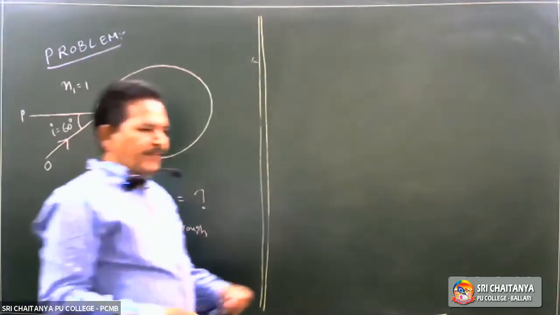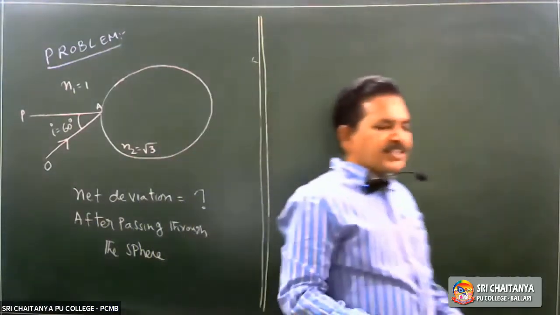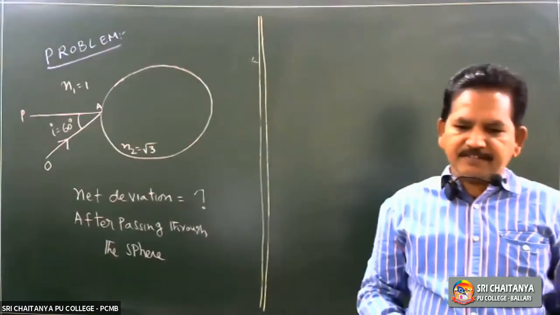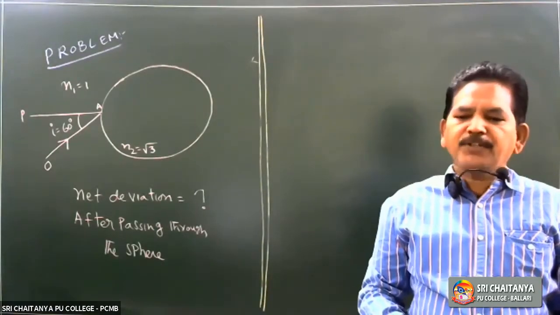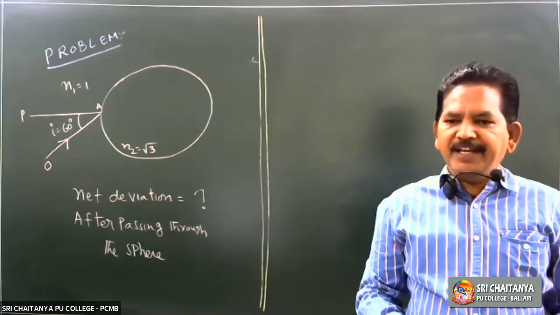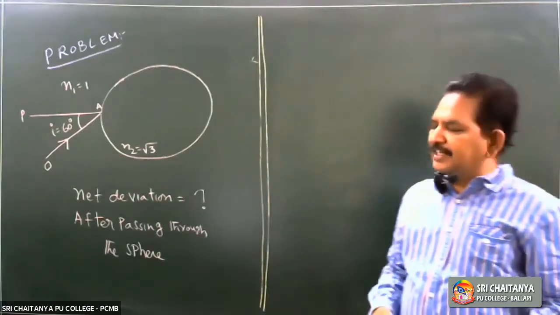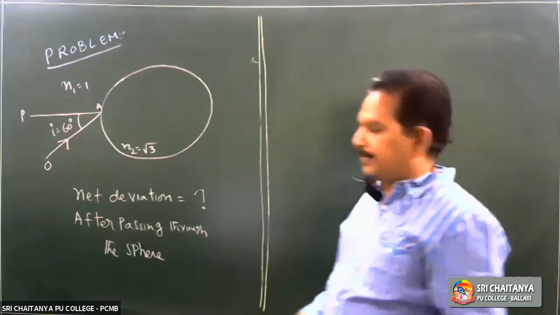So there are two refractions. Refraction at first surface, refraction at second surface. Then we have to find out the total deviation. Deviation at first surface, deviation at the second surface.